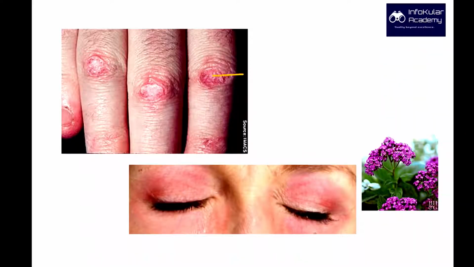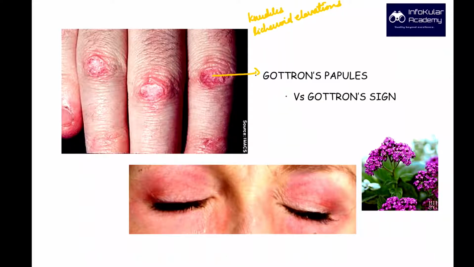First, we see a person's hands, but the area is knuckles, and you can see lichenoid elevations. This typical picture is pathognomonic of dermatomyositis and is called Gottron's papules. We have to differentiate it from Gottron's sign, which is erythematous areas over shoulders.